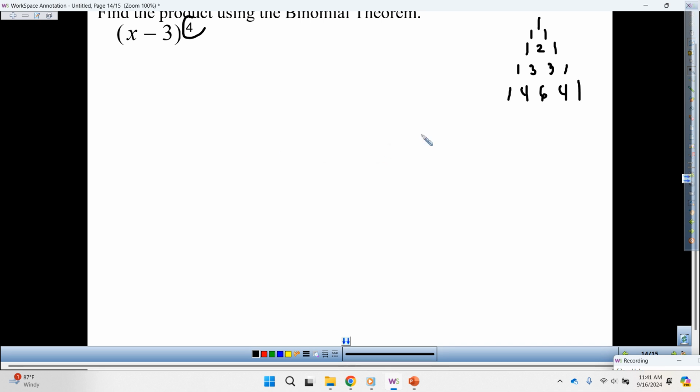Okay, so you write them as coefficients, one per term. So we start with 1 space plus 4 space plus 6 space plus 4 space plus 1. All right, we're about to pass this one back to, how about Renzo?